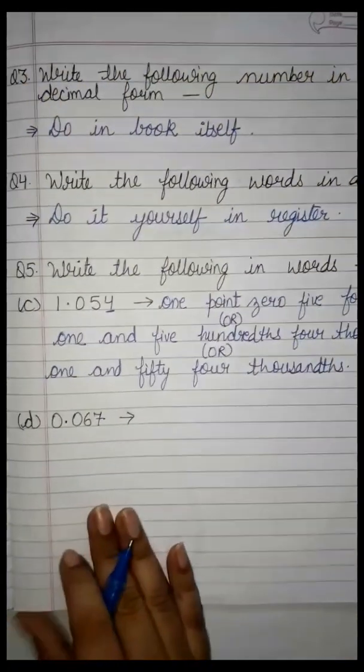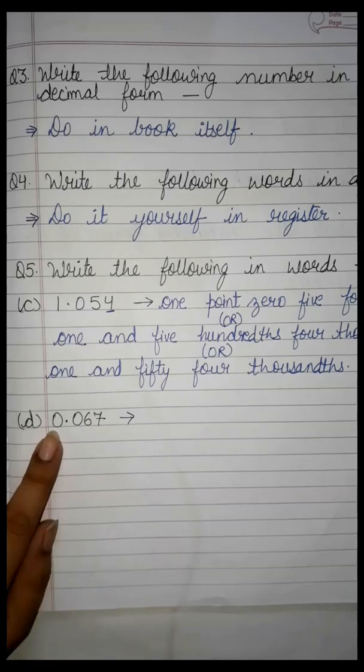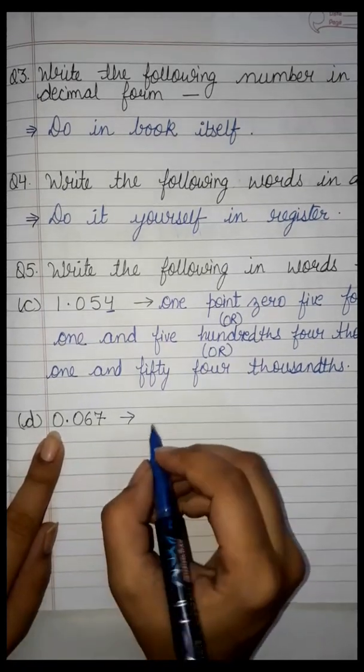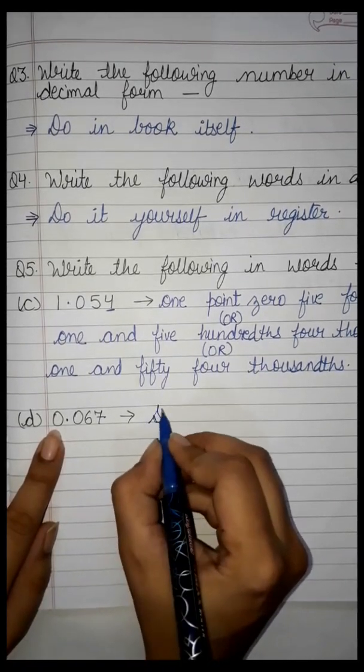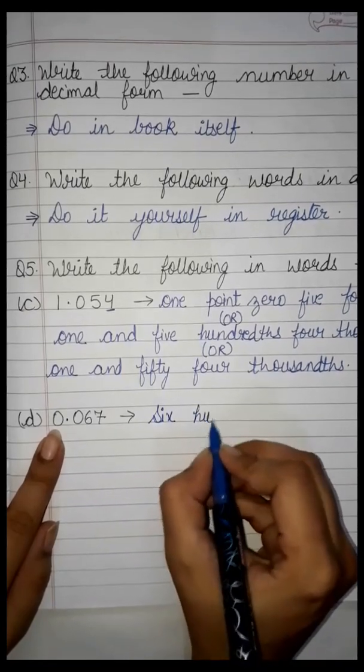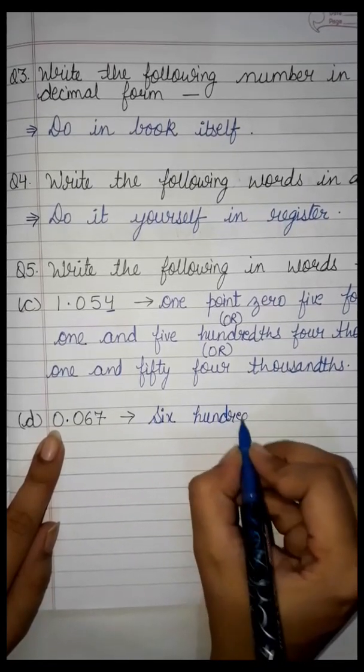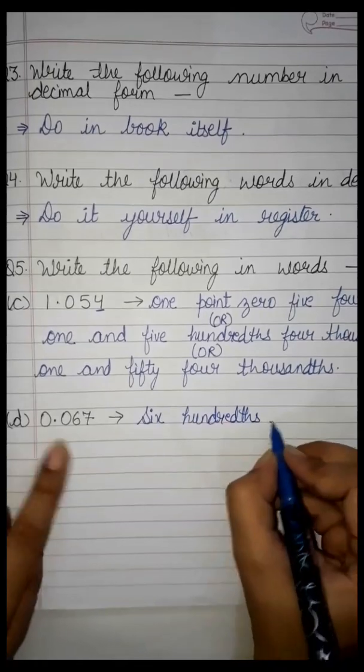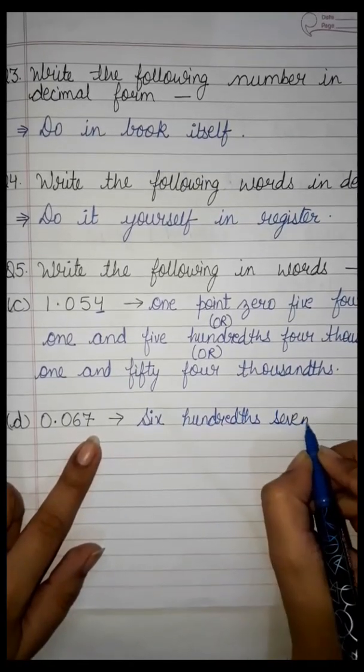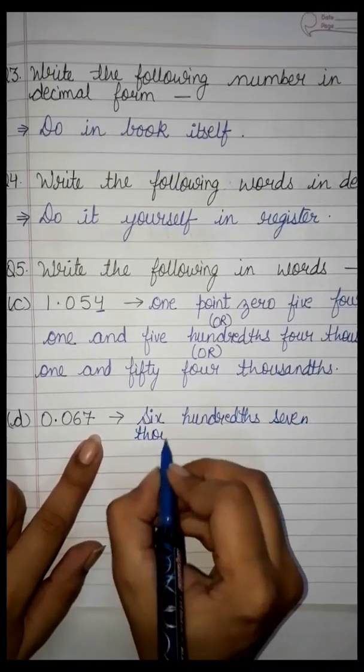Now see the D part. Here is no whole number, so directly we can write 6 hundredths 7 thousandths.